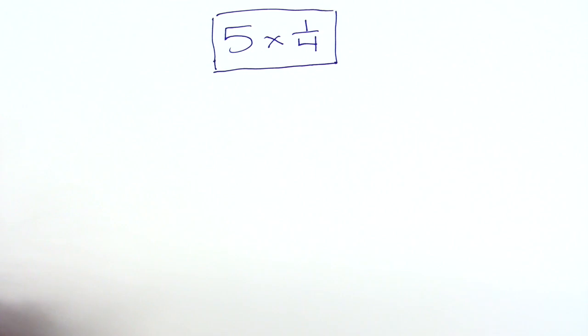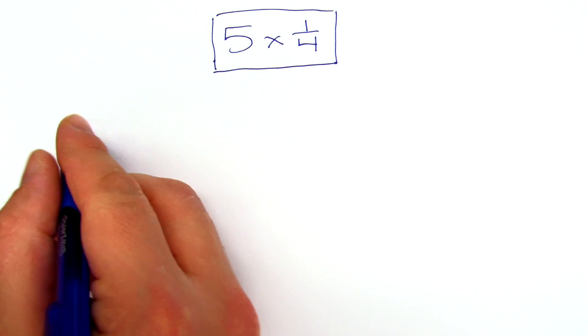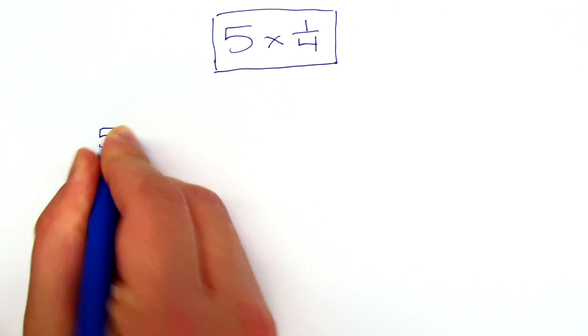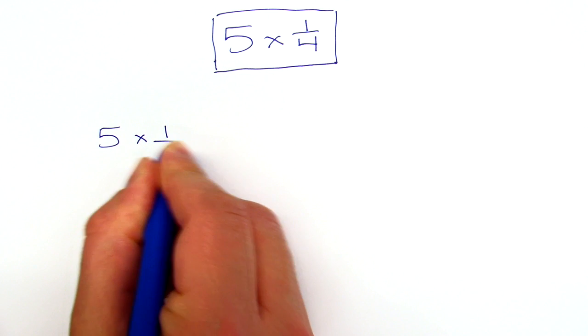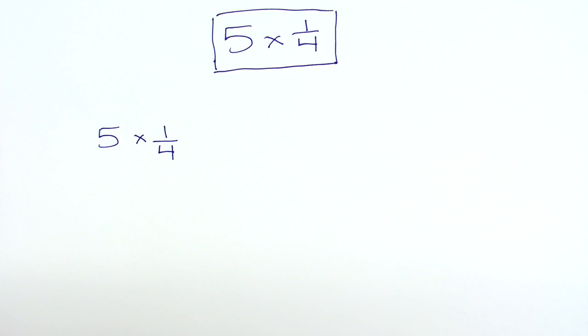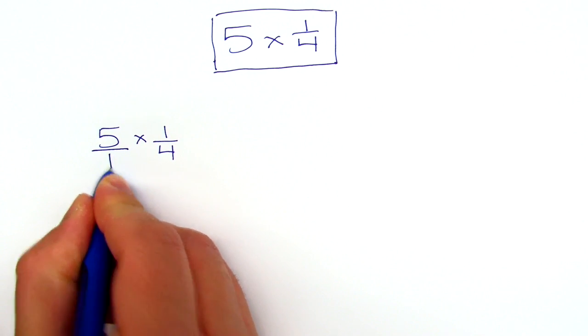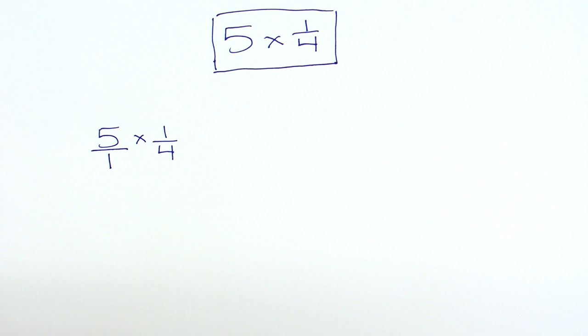So 5 times 1/4, all right? We're going to rewrite this over here. 5 times 1/4. Now, how do we turn a whole number into a fraction, right? Any whole number, to turn it into a fraction, all you do is put it over 1. That's it. Put 5 over 1.